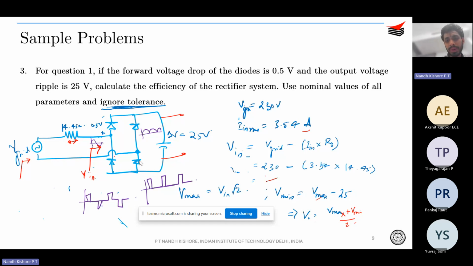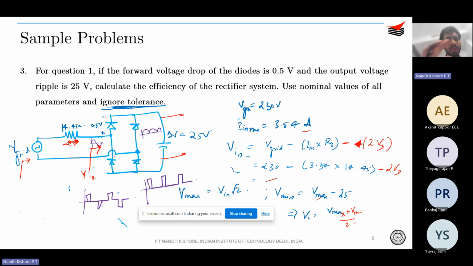So the actual Vn will be V grid minus In into Rs minus, since only 2 diodes conduct at a time, 2 into Vd. One is the drop through the resistor and one is the drop due to the diode. So that also needs to be considered.